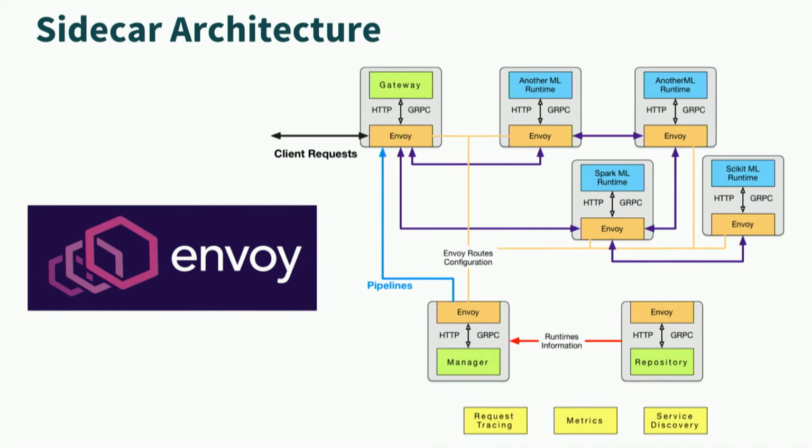Having multiple runtimes with different dependencies and different languages requires a unified way to provide an API and logistics and routing in production. That's why we took Envoy and attached it as a sidecar to our main application. The main application represents the actual model deployment, and we delegated all the API and logistics stuff to Envoy.